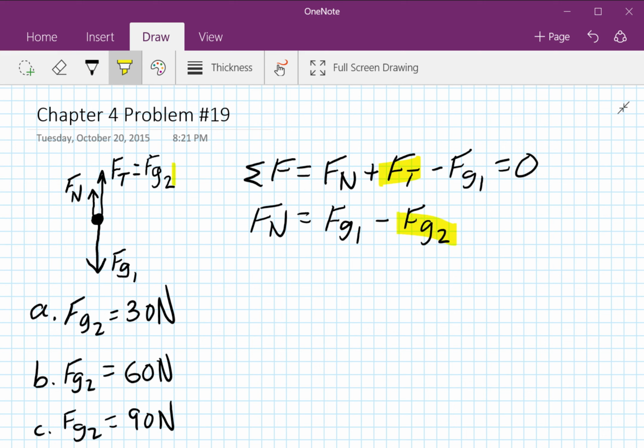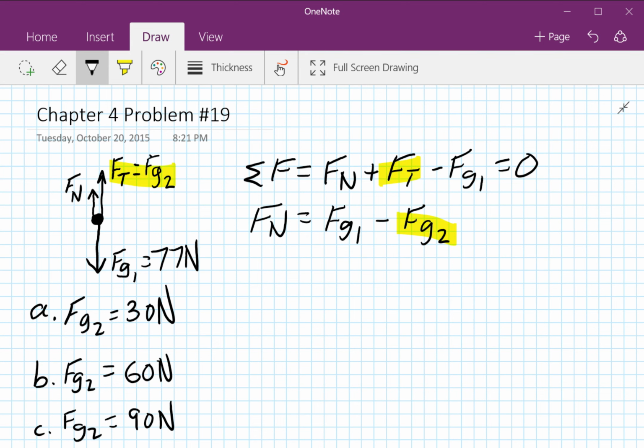I said that over here. Oh, and I forgot to write down that they told us Fg1 equals 77 newtons. Okay, so we don't have to deal with Newton's second law at all because they gave us the forces. We just have to use the sum of the forces.